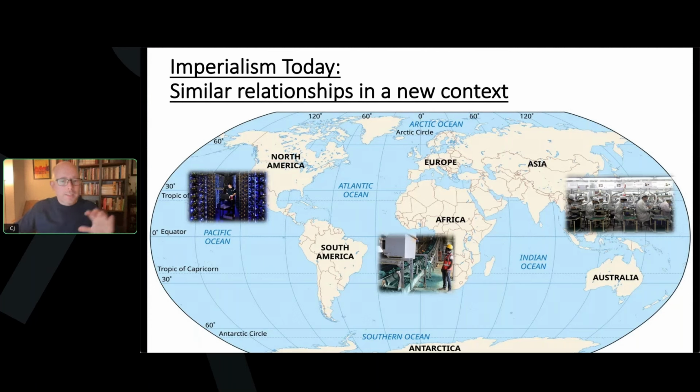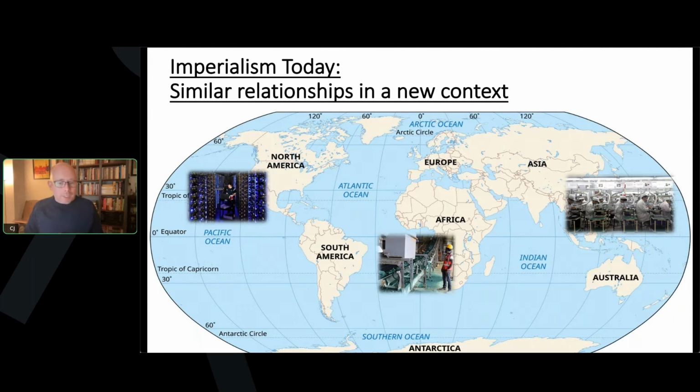So even though the colonies in the old sense might have disappeared, the exploitation hasn't, and it's living on. So the point to take is that imperialism adapts over time, but its essence, monopoly domination, export of capital, repartitioning of the world, a lot of those things are still largely in play. And many of the forces that Lenin analyzed are still at work, even in a different context or form.